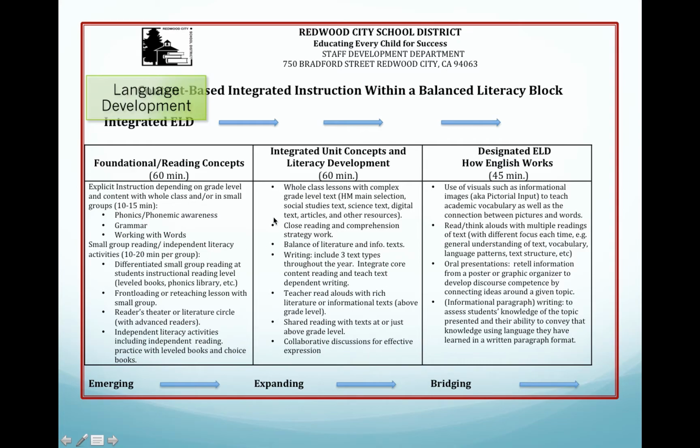What we just showed you are the units that are outlined for this integrated unit concepts and literacy development block of time. More whole group lessons, we're looking at close reading, really focusing on comprehension. So it's taking these foundational skills, and it's the application and practice of those foundational skills during this literacy development time.